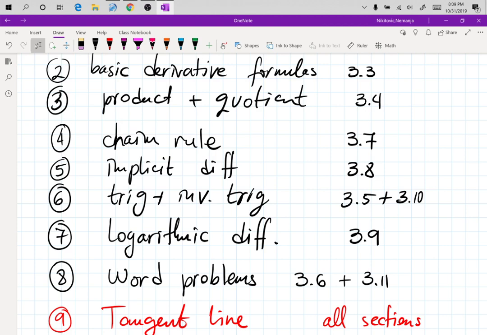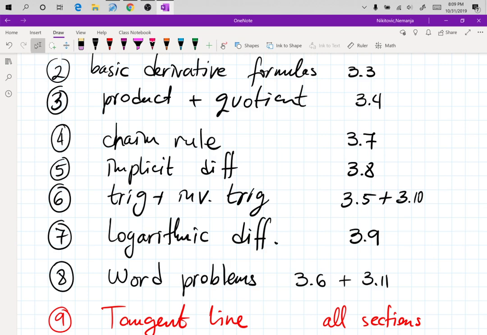Very important. Implicit differentiation can be combined with related rates, can be with logarithmic differentiation and the tangent line, right? So a lot of these can. The derivative that you take for the tangent line can cover any section, right?